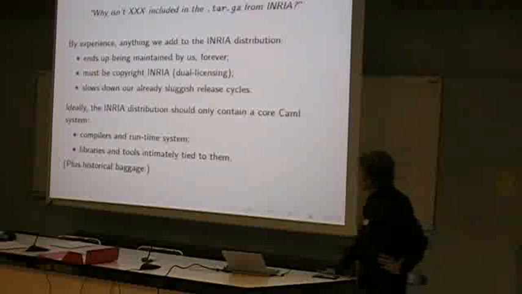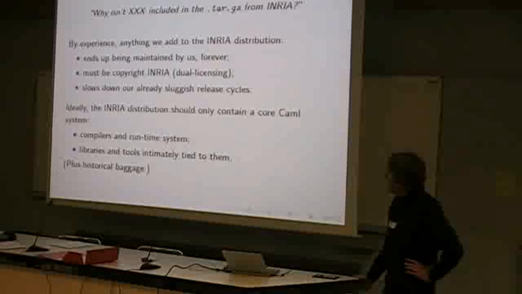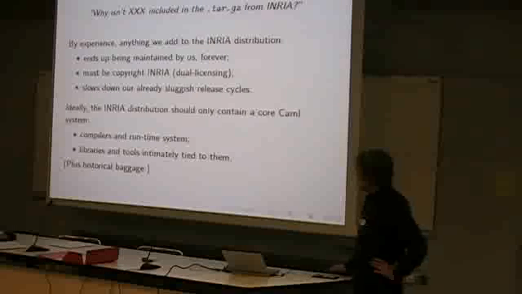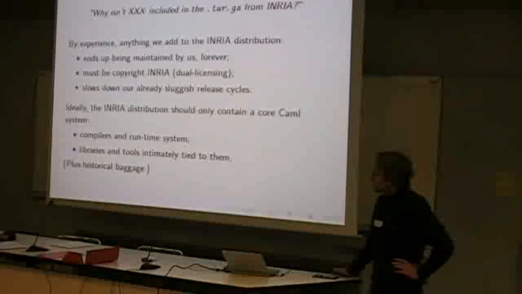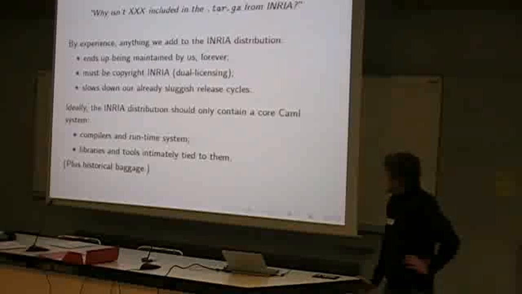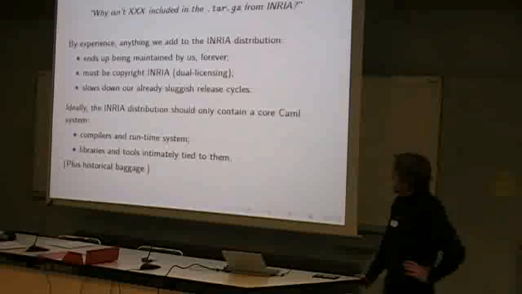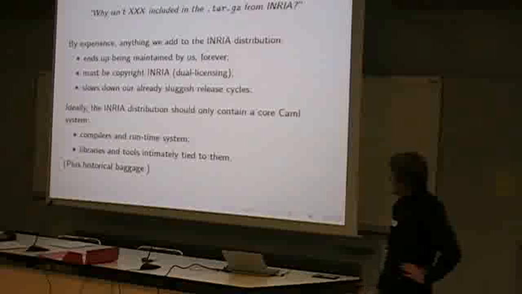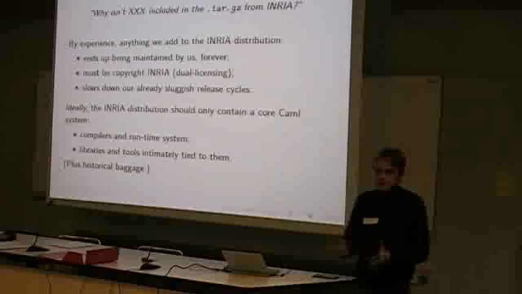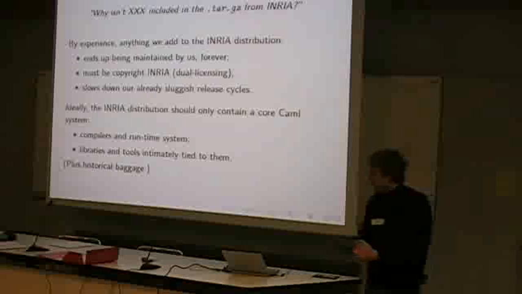Okay, so the question is about licensing, and the observation that it can complicate some contributions by the community. In the picture I tried to draw, there is the core system here, which is copyright INRIA and has our weird licenses.